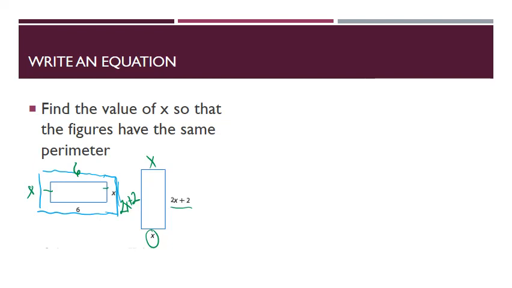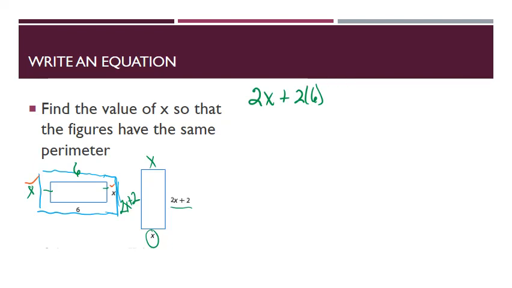So let's write this. For these to have the same perimeter, we could say that 2x plus 2 times 6, in other words, here's an x, we're adding those together, 2x, and we've got two sides that have a value of 6.